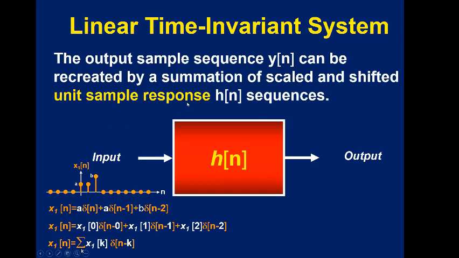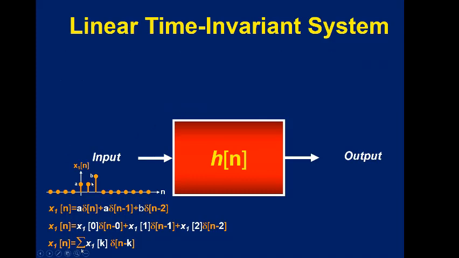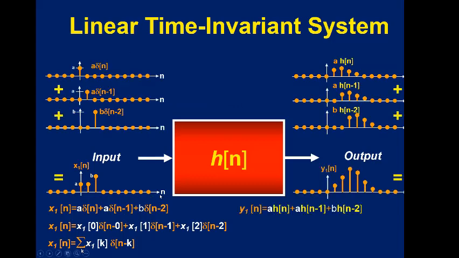We can predict what the system is going to do for any input by just scaling and shifting our unit sample response. So if delta sub n produces h of n, then a times delta sub n produces a times h of n. And if a times delta sub n minus 1 goes in, we get a times h of n minus 1.